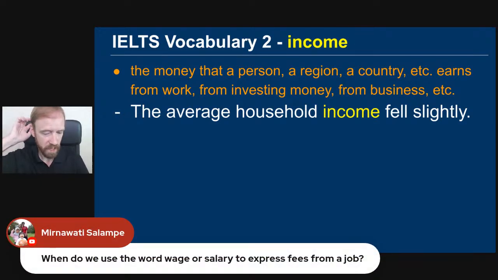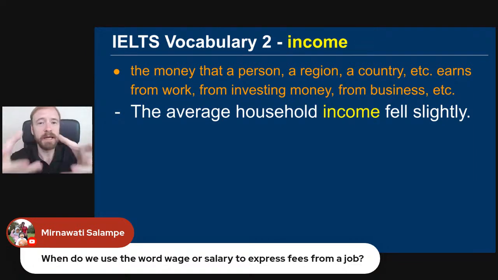When do we use the word wage or salary to express fee? Well, if I'm fixing your car and I'm just going to charge you a fee to fix your car, I'm the company. I own the car center that's going to fix your car. I'm the owner, so I'm going to set the fees for the customer, and you've got to pay.